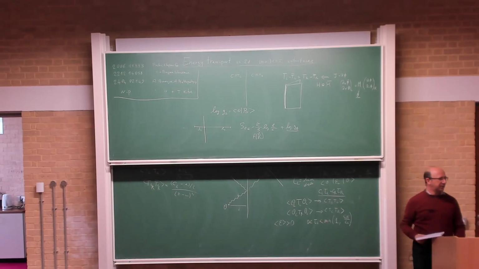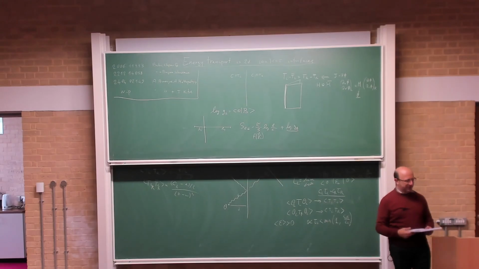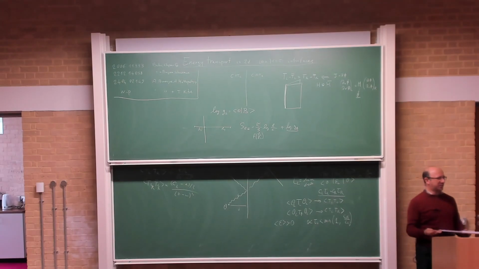If you have a marginal family, well, that's the point. It's a new piece of data which is on top of the bulk theory. It's just associated to the defect.